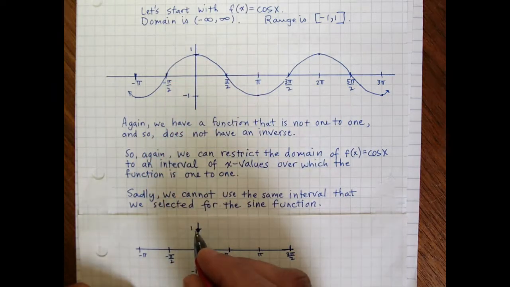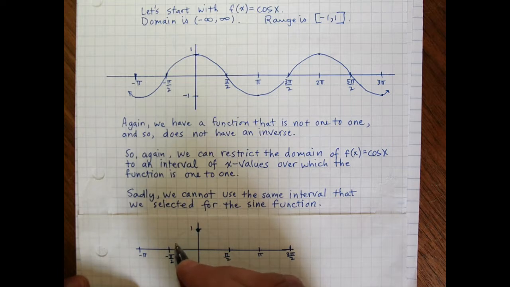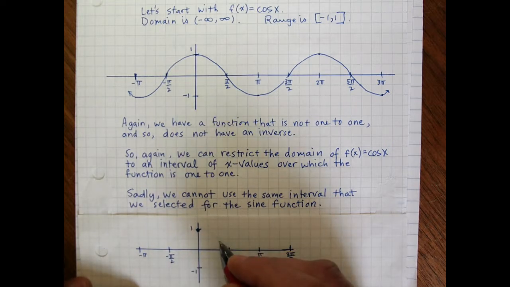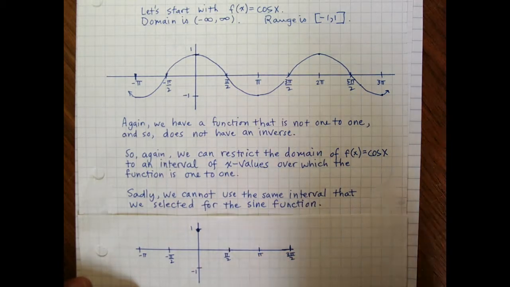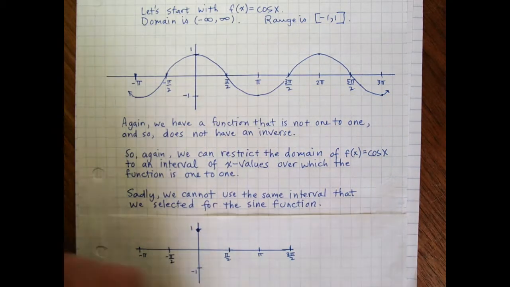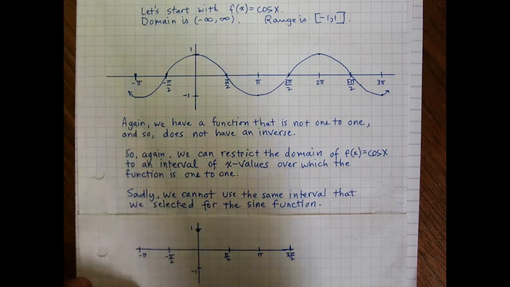So there's no way to move toward negative pi over 2 and pi over 2 and obtain a restricted domain over which the function is one-to-one. So what we do is we just go in one direction.